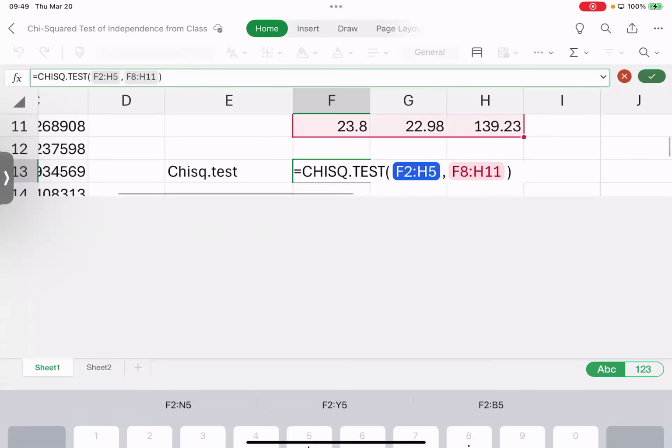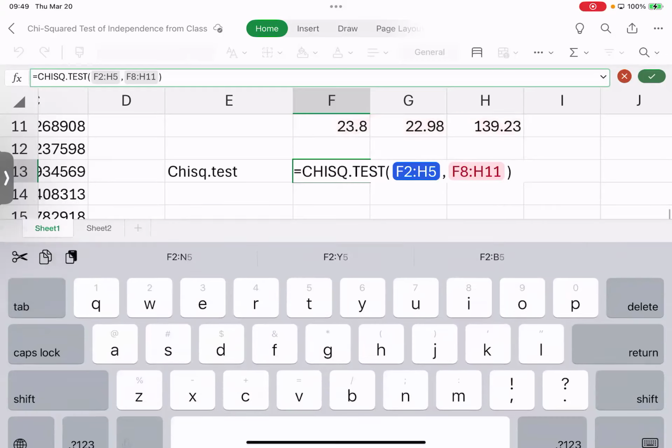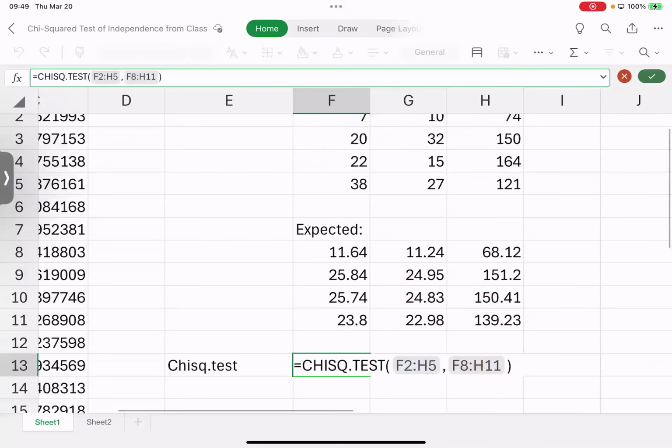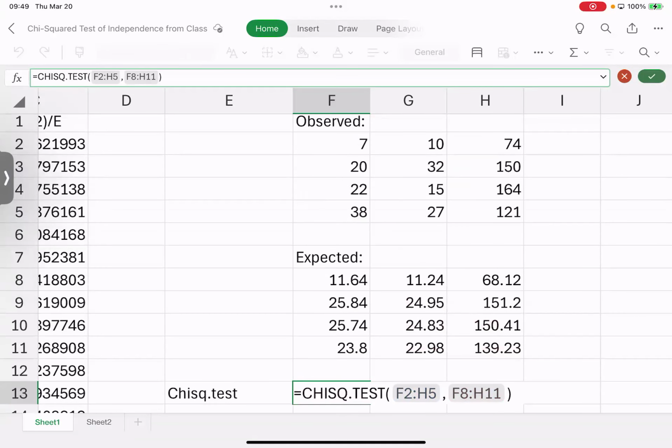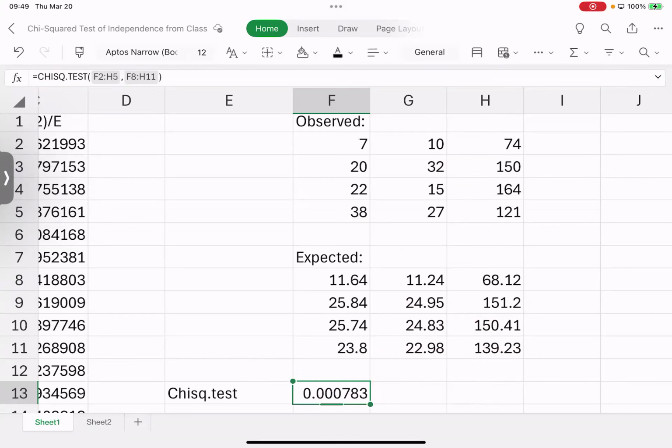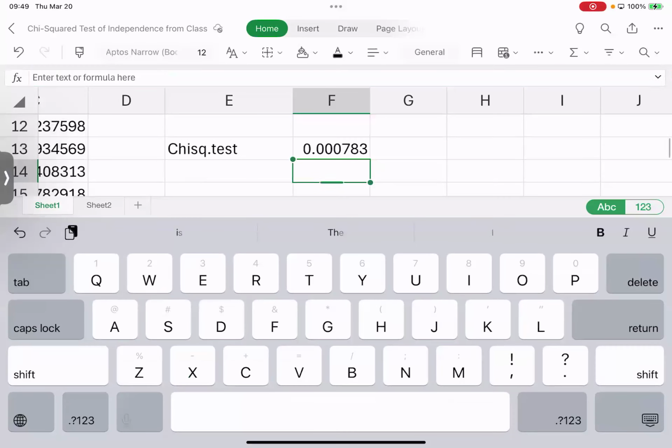It does, but it wants me to type stuff and I don't want to. So then you give it the area with the observed counts, comma, the area with the expected counts, and it spits out the p-value.